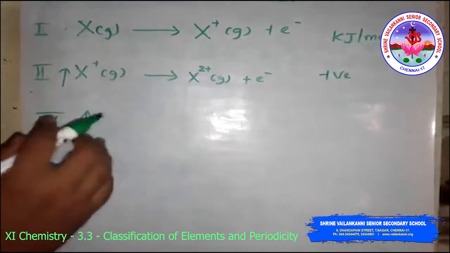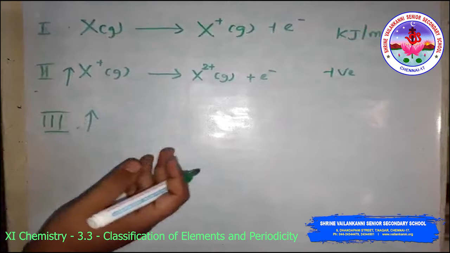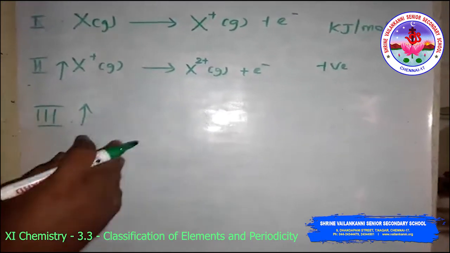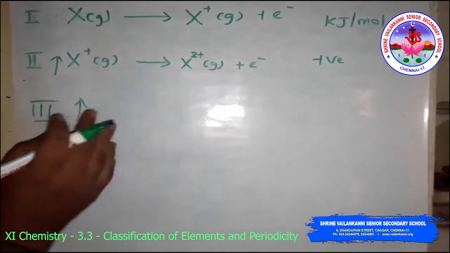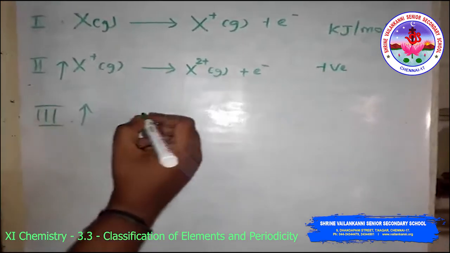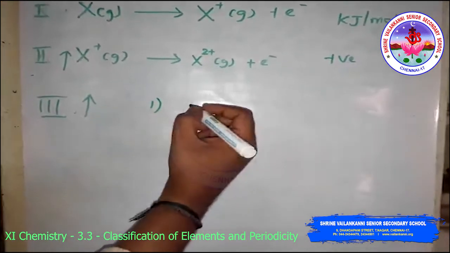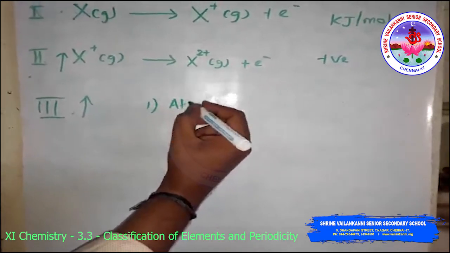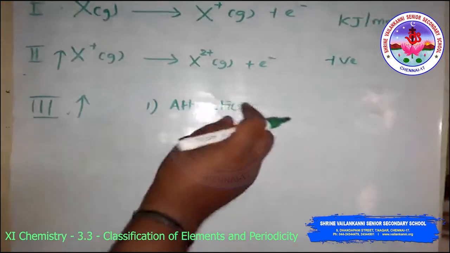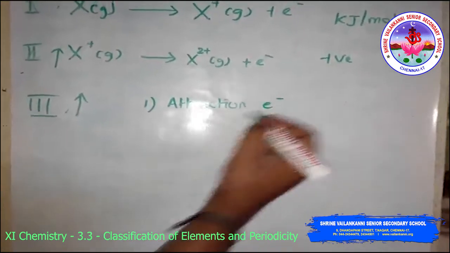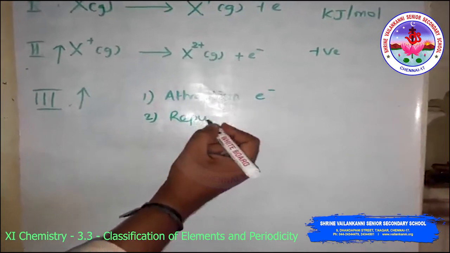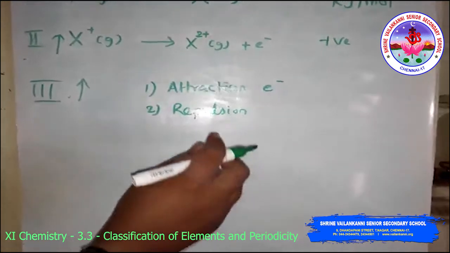The term ionization enthalpy, when not qualified, is taken as the first ionization enthalpy. The ionization enthalpy and atomic radius are closely related properties. To understand these trends, we have to consider two factors: the attraction of electrons towards the nucleus, and the repulsion of the electrons from each other.